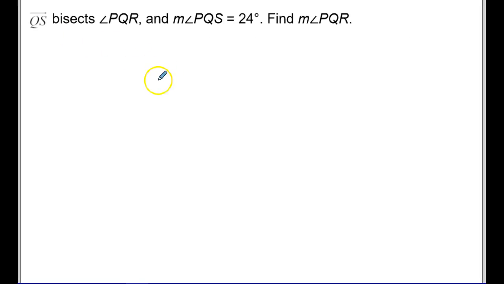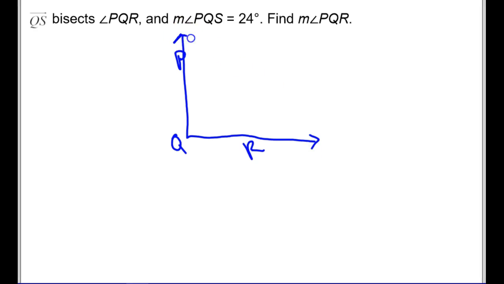Okay, so now we're going to deal with some angle bisectors. Ray QS bisects angle PQR and angle PQS equals 24 degrees. First we have to draw a picture. I know I'm dealing with angle PQR, and I don't have to draw it beautifully because I will eventually add measurements.